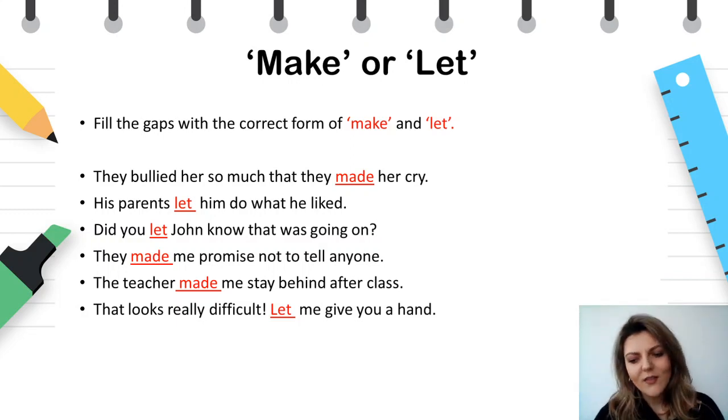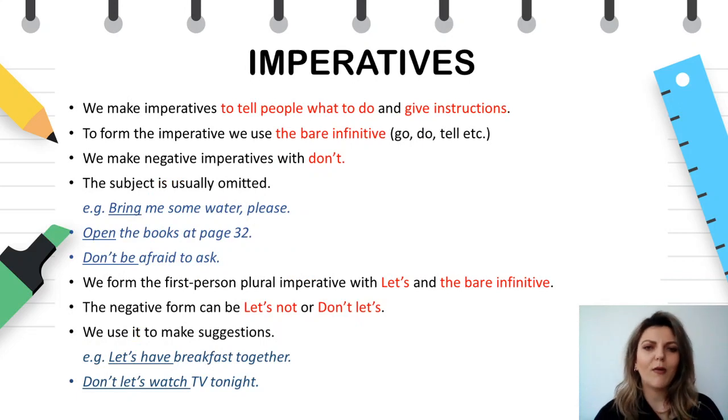And another case when the infinitives are used are the imperatives. In English, the imperatives are usually used when we want to tell people what to do or when we give instructions to people.